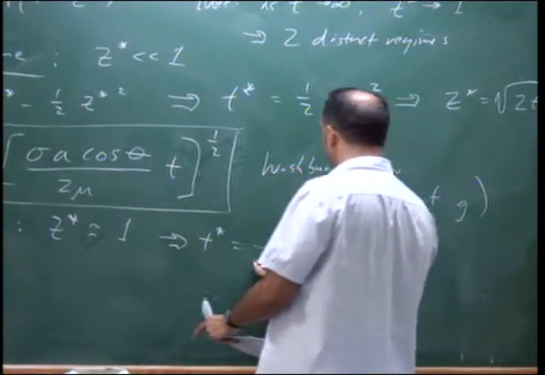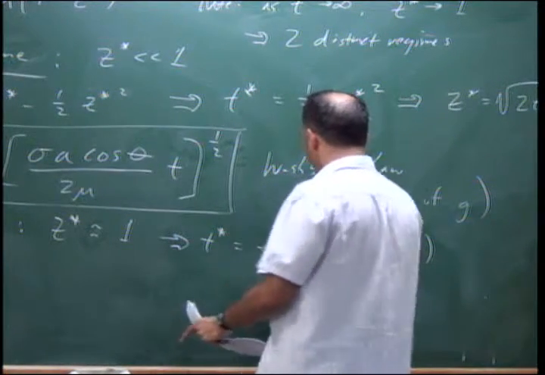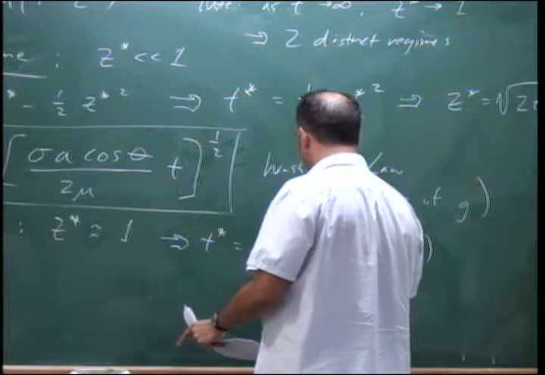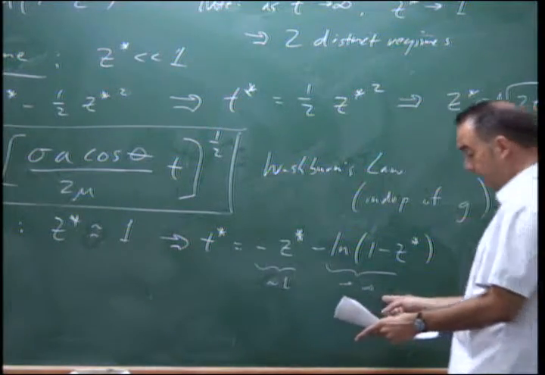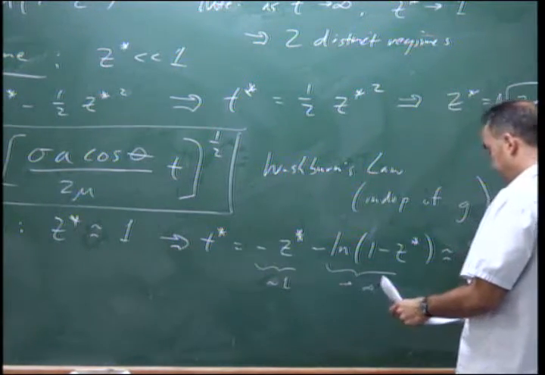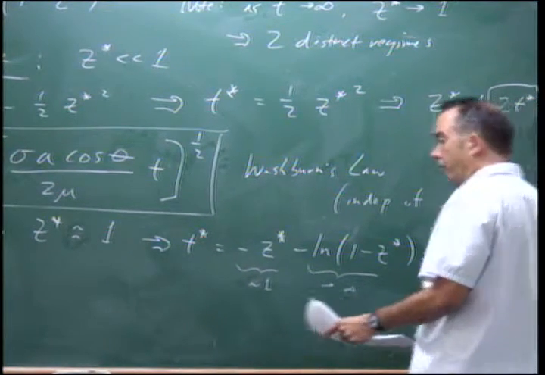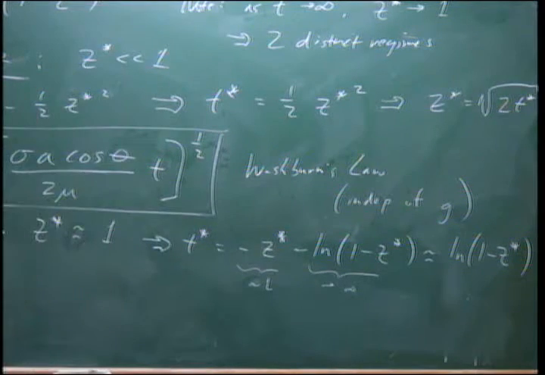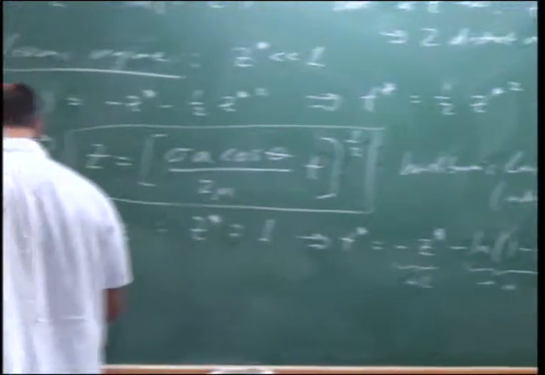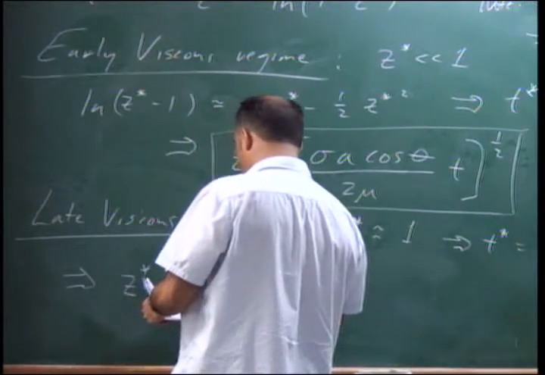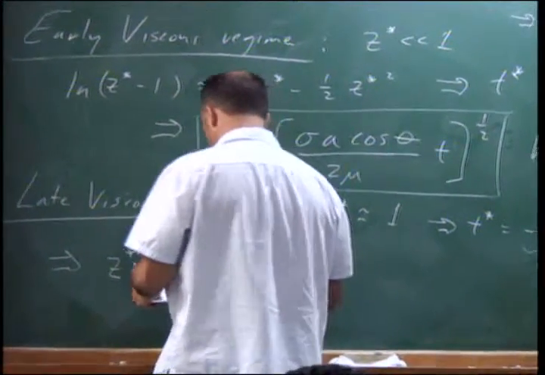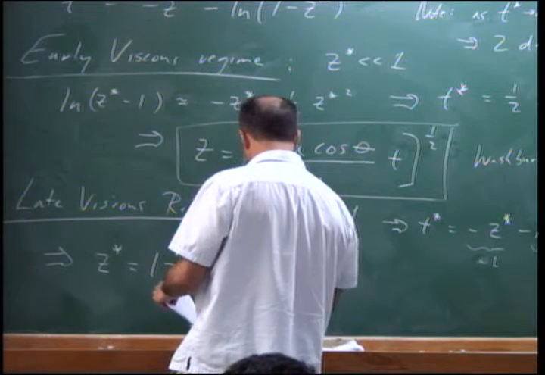So this thing's order 1. We can throw it out because this term is dominating. Okay, so this gives us, so we're getting now an exponential decay.